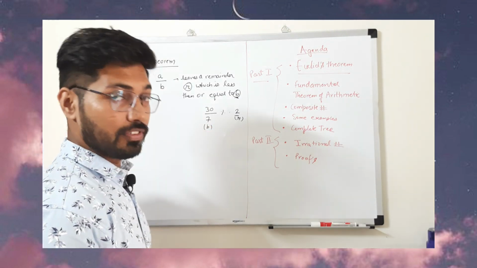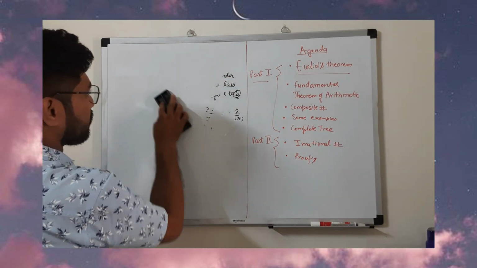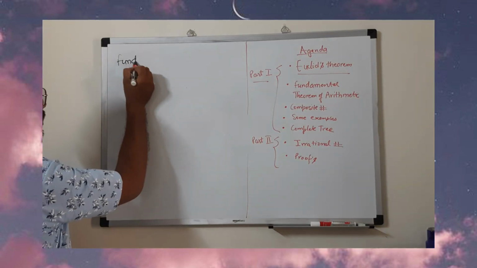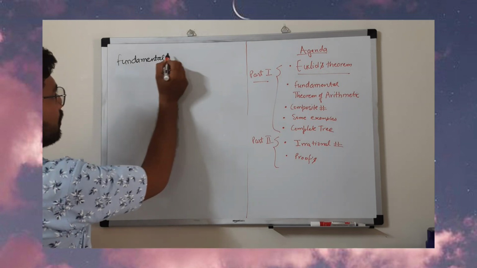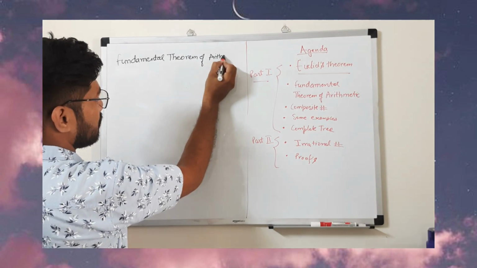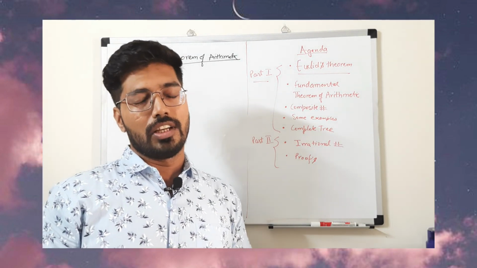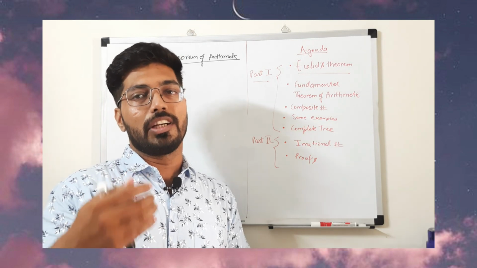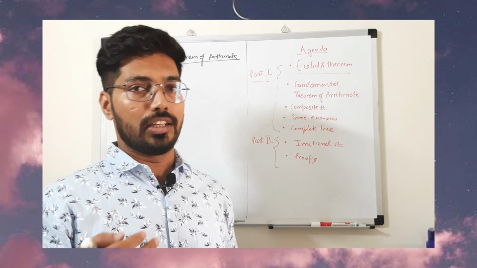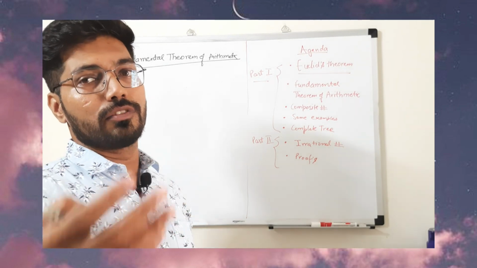Now come to the next theorem, the fundamental theorem of arithmetic. This theorem says that any number can be written as a product of prime numbers and their powers.